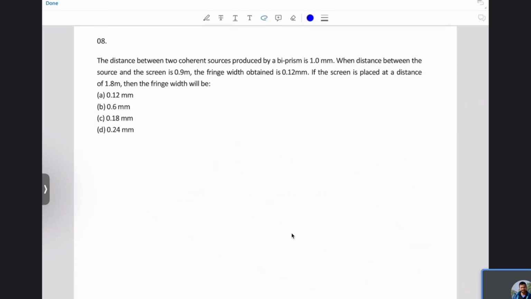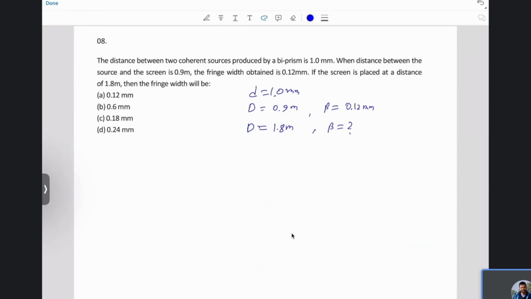So here d is given as 1.0 mm, and when the distance between the source and the screen, the capital D, is 0.9 meter, the fringe width obtained is 0.12 mm. If the distance is 1.8 meter, then we are asked the fringe width.